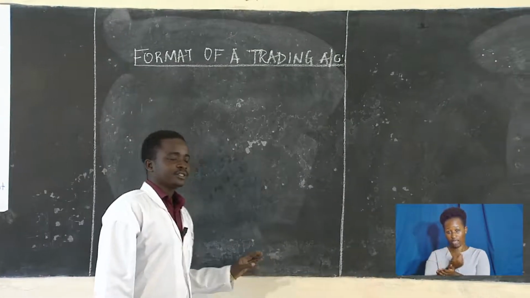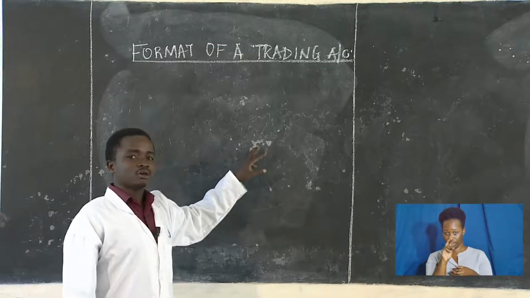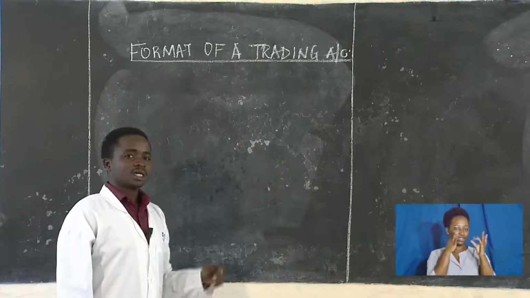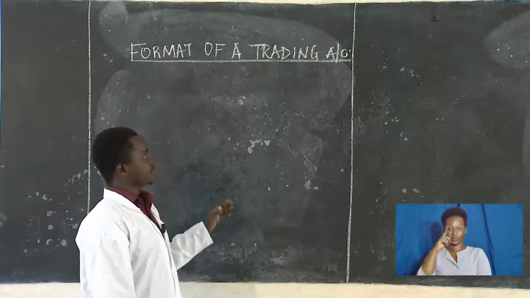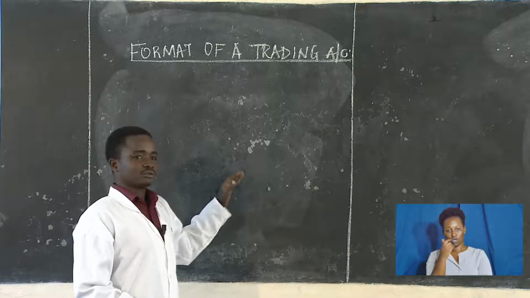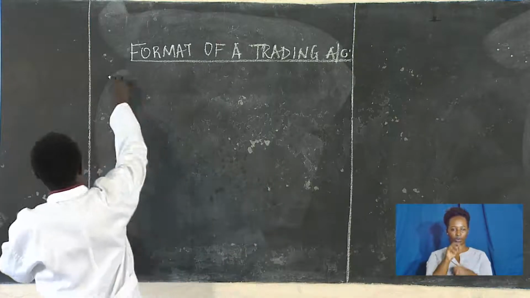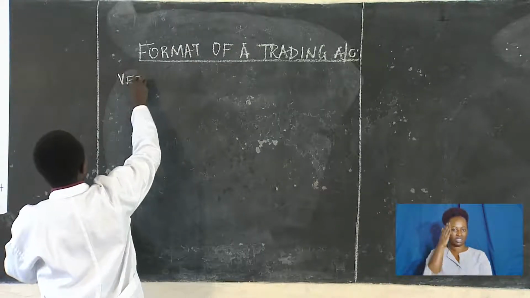We have the modern format, which is the narrative format or the vertical format. And we have the traditional format, which is the horizontal format. But for this case, we shall talk about the modern, because we go with things which are modern. We shall talk about the narrative format or the vertical format.